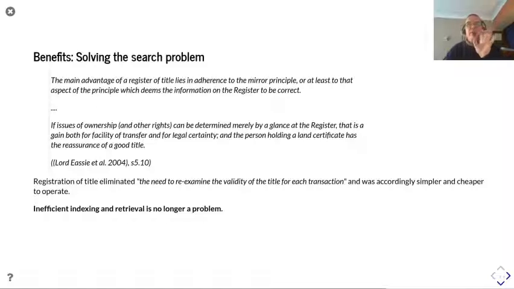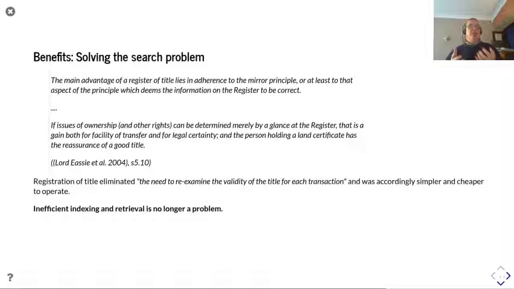If issues of ownership and other rights can be determined merely by a glance at the register, that is a gain both for facility of transfer and for legal certainty, and the person holding a land certificate has the reassurance of a good title. So registration of title eliminated that need to re-examine the validity of a title for each transaction and was accordingly simpler and cheaper to operate.